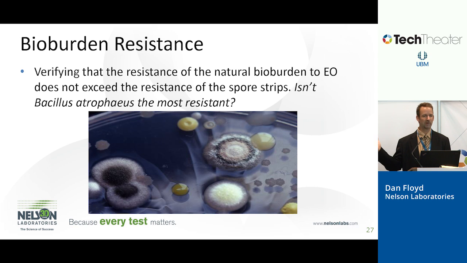And so this is where we tie that together: whatever's on that strip, we compare it to whatever happens to be on your device from your manufacturing process. And we have to show that that process challenge device is not only more resistant than when you put the spores in the hardest part of the device, but even more resistant than whatever just happens to be on your product. Sometimes organisms can mutate and change and become extremely resistant.